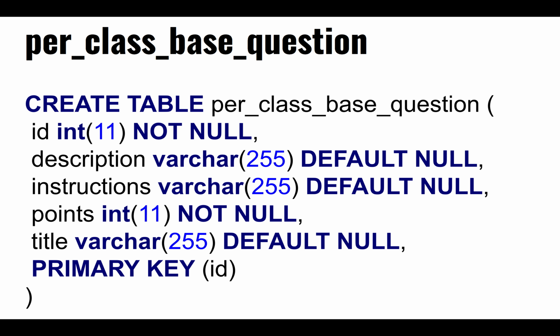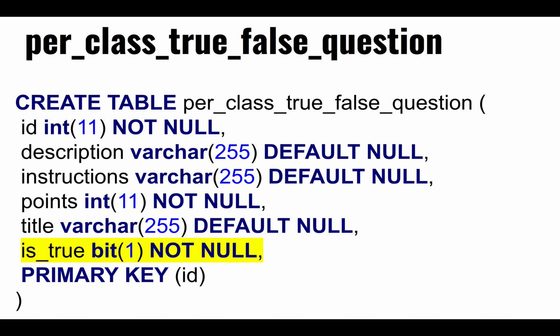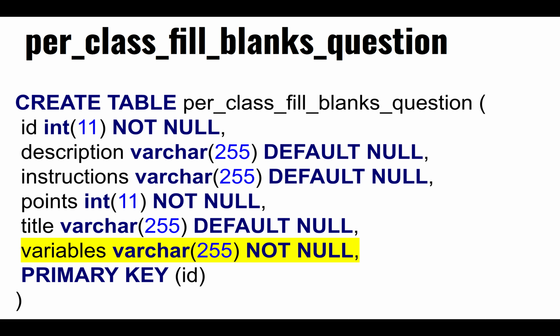So here, base question only has the fields for the base question, whereas the true false has all the fields from the base question plus its own field, is true, and the fill in the blanks has the variables pertinent to it plus the ones it inherited. Make sense? So this is kind of best of both worlds.